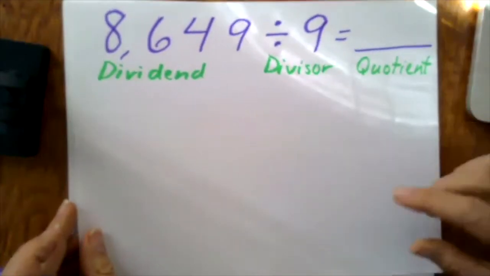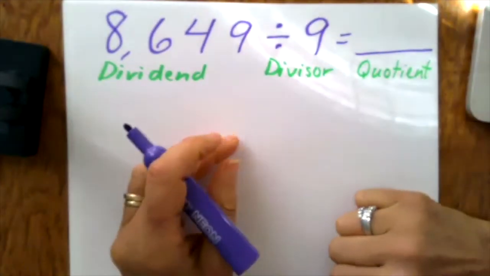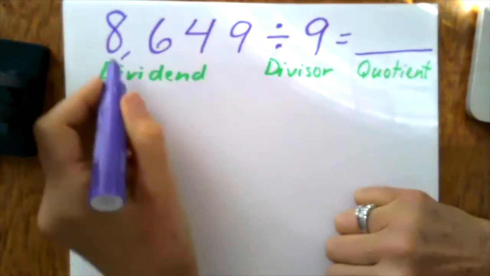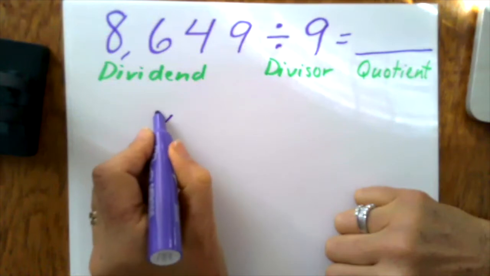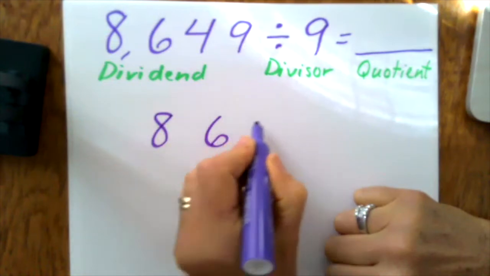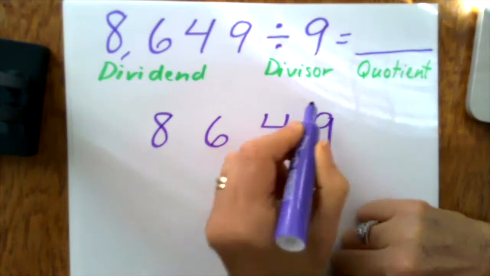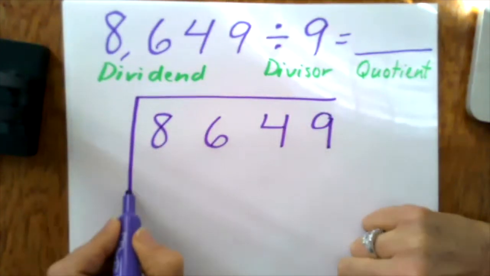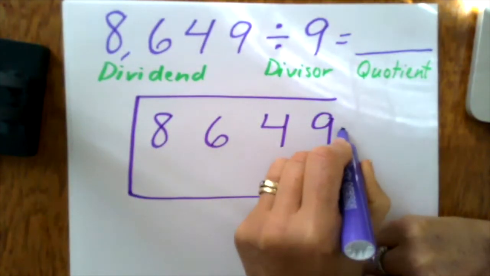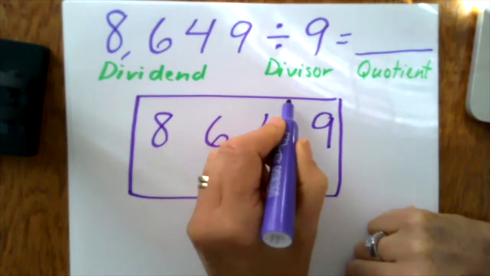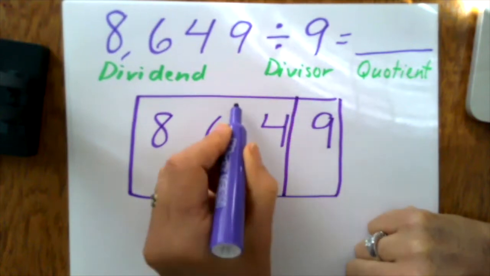Okay, so here's the next problem. So again, we do the same steps. We write the dividend. We draw a box. We put each digit inside a column.